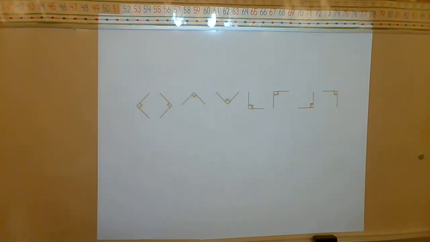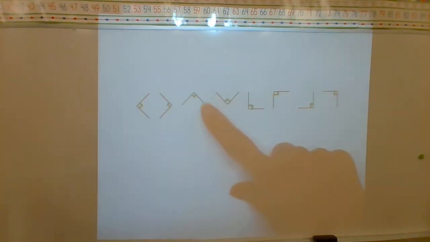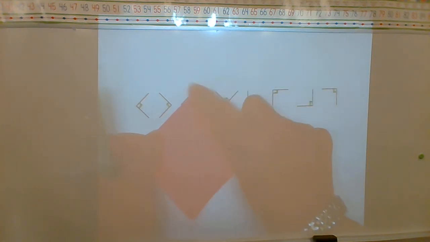You can check to see if a right angle is a right angle by using a corner of a piece of paper. I have a pink sticky note here, and if I'm not sure, I can hold it in there. Does it match exactly? Yes. What about this one? Let me slide it in. Does it match exactly? Yes. So that's a right angle.